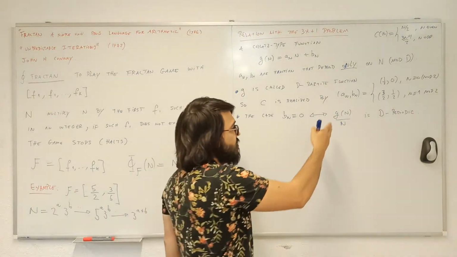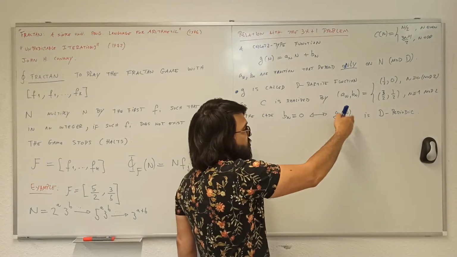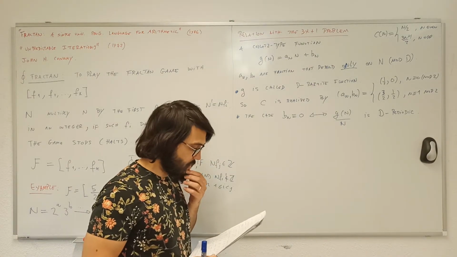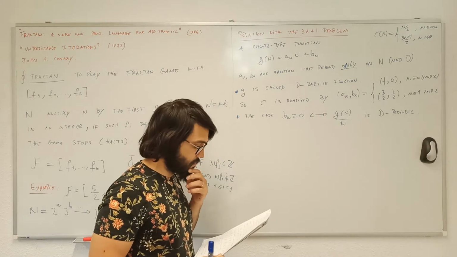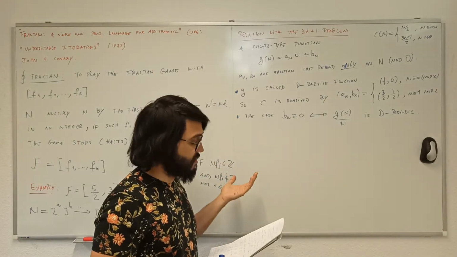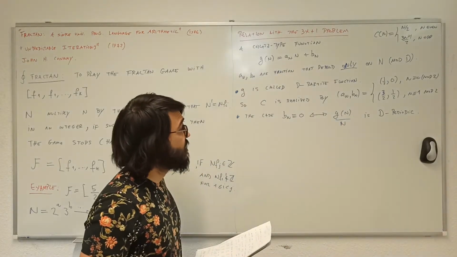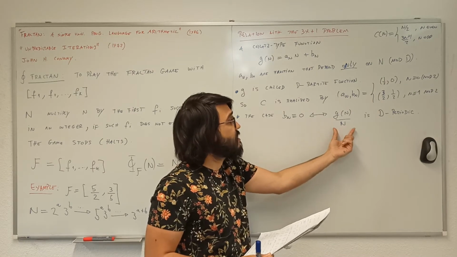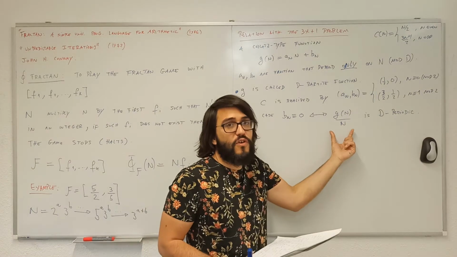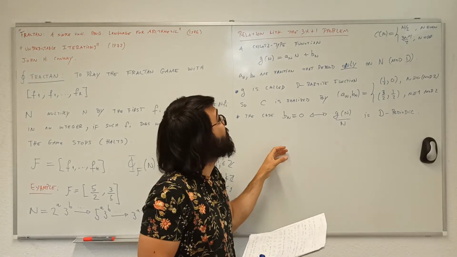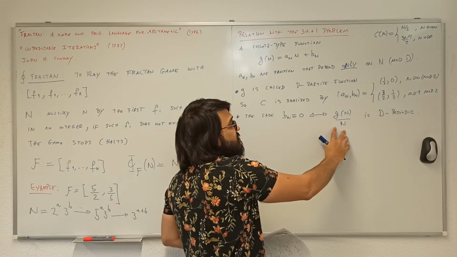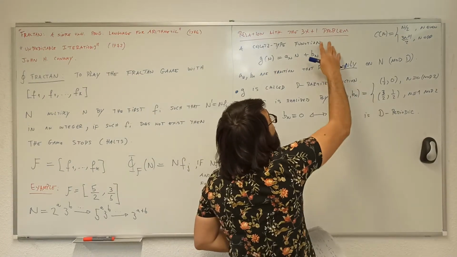It maps n into fractions, and this will be a fraction, but it's periodic. So in this particular case, this is a subclass of the whole class of possible Collatz type functions.